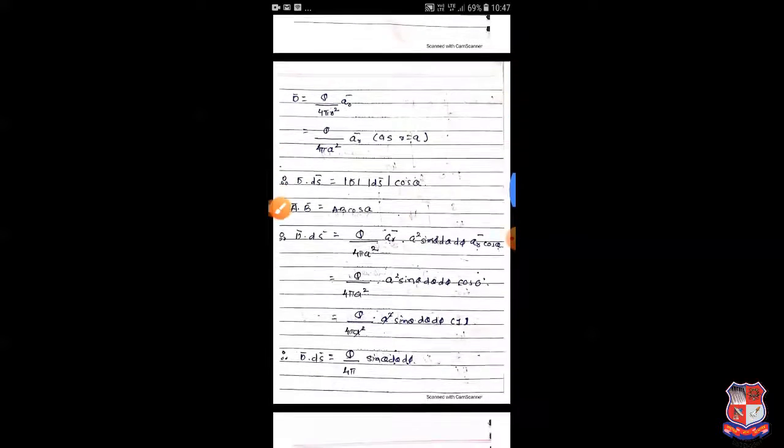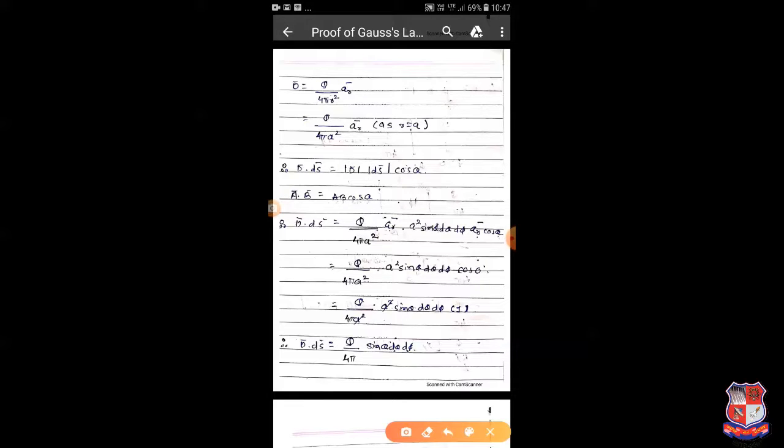So what can we write? We have the equation of D bar, we have the equation of dS bar, and we have the theta. We will come to theta later, but first put the values of D bar and dS bar.